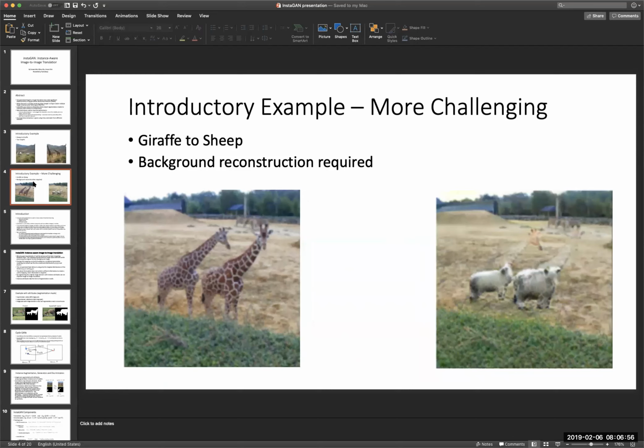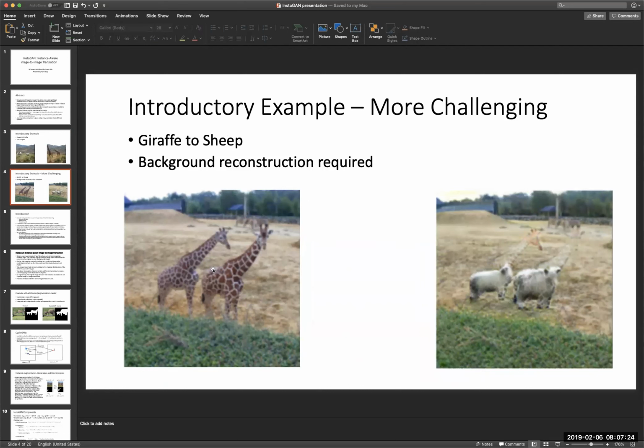So here's a more challenging example. This is the opposite domain transfer, going from giraffes to sheep. So in this example, you can see that there are artifacts remaining from the transformation.